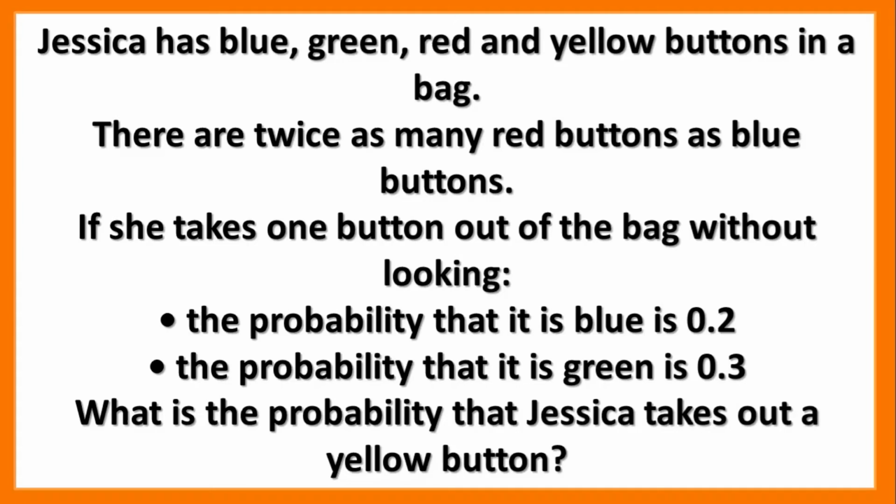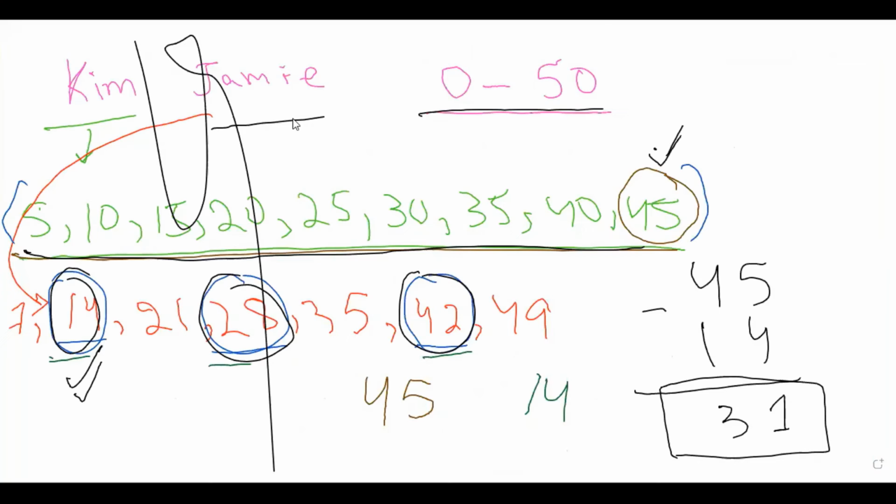The chance that the button is green is 0.3. We have to find the chance that the button is yellow. And the very important thing you have to remember is that the probabilities of all the buttons must sum to 1, because we have to take out only one button. So let me share the whiteboard with you and then we will discuss this question. This is new for you.